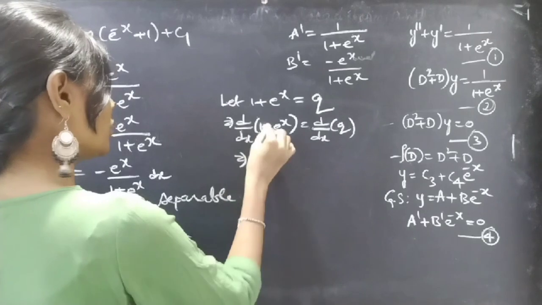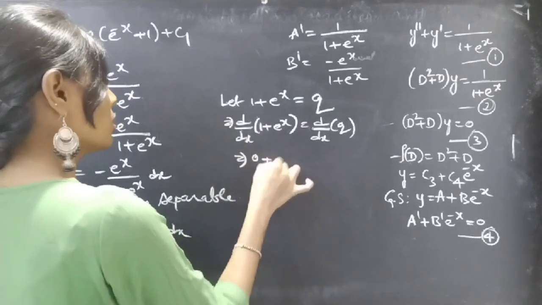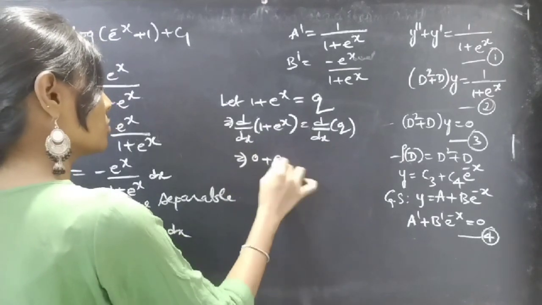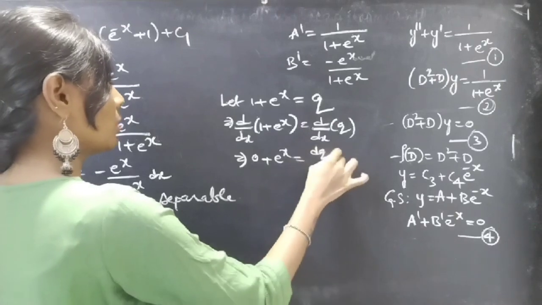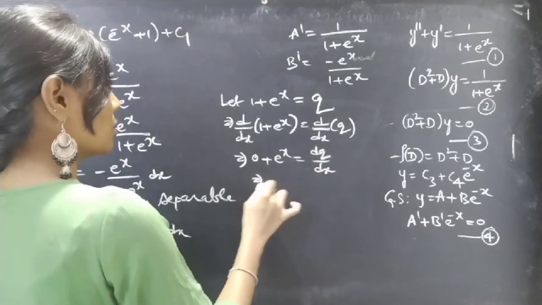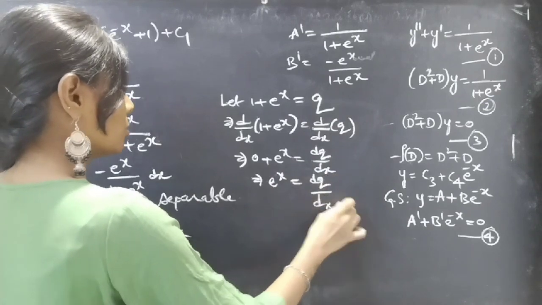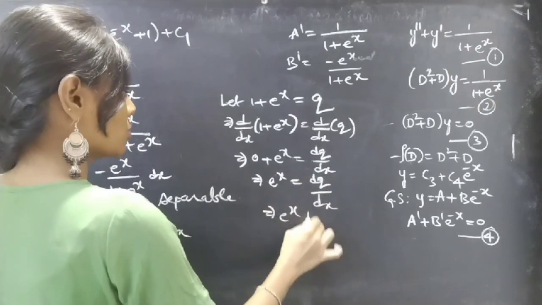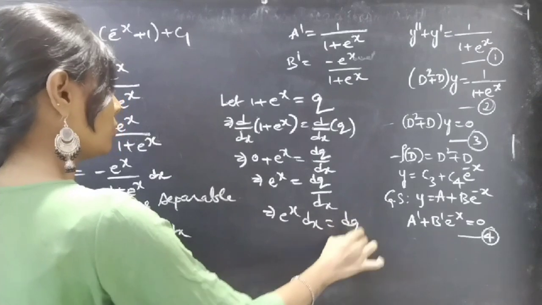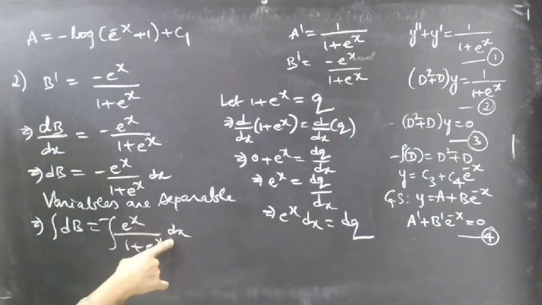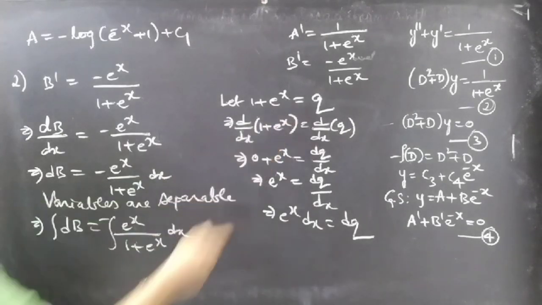We'll get derivative of 1 with respect to x is 0, plus derivative of e power x with respect to x is e power x, equal to dq by dx. From this we get e power x equal to dq by dx, or e power x into dx equals dq, right? We can replace e power x into dx with dq, and 1 plus e power x with q.